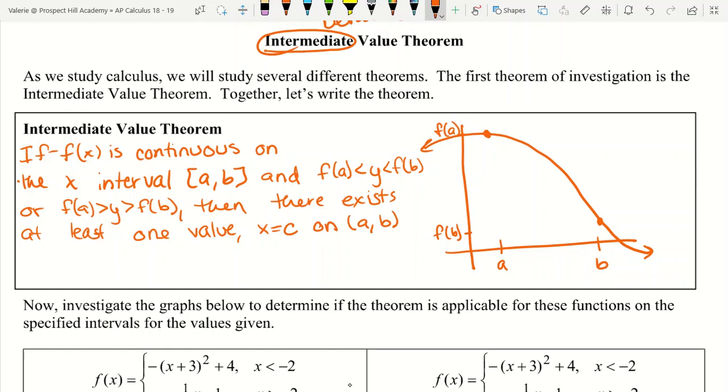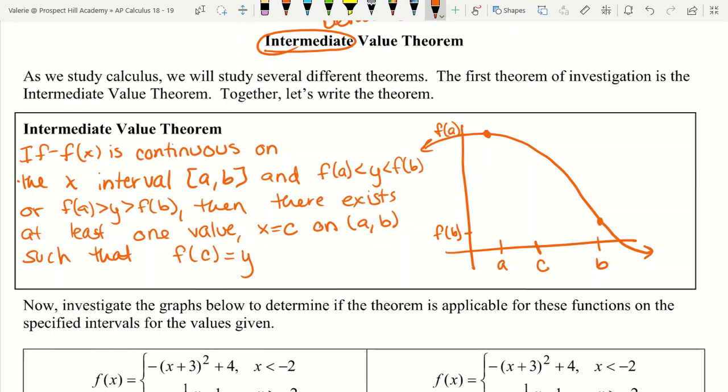Notice that these are parentheses, not brackets. C cannot be a or b. We're talking about in between. So let's say c is here, such that f of c is equal to y.